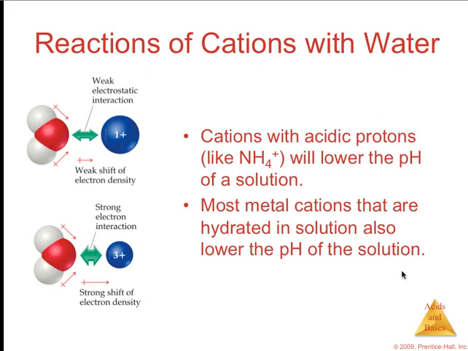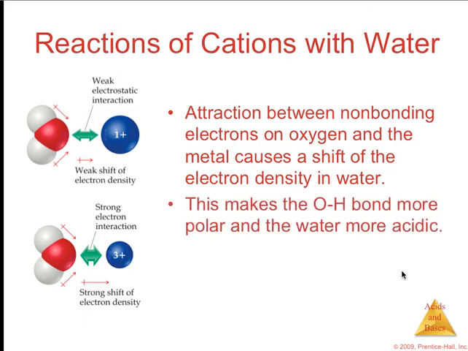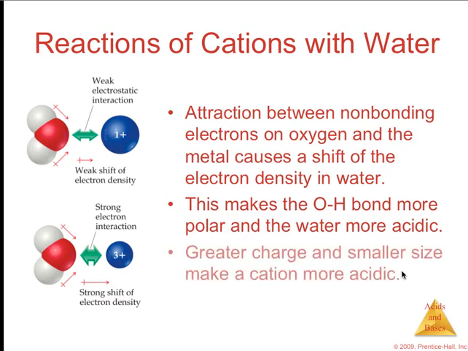It has to do with the attraction between the non-bonding electrons on the oxygen and the metal, which causes a shift in that electron density, pulls that OH bond, making it more polar, and the water then becomes more acidic. The greater the charge and the smaller the size of the cation will make the solution more acidic.